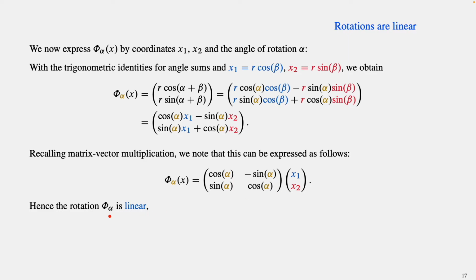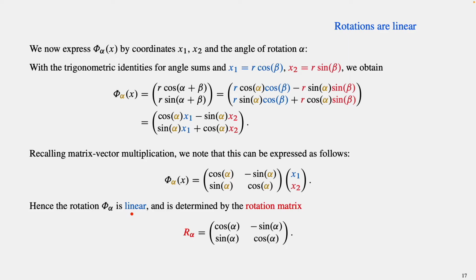So the rotation can be expressed by a matrix vector multiplication, hence it is a linear transformation. It is determined by this rotation matrix, which we will usually denote as R index alpha. So this is something you should memorize. This is a very important matrix that appears quite frequently in geometry.